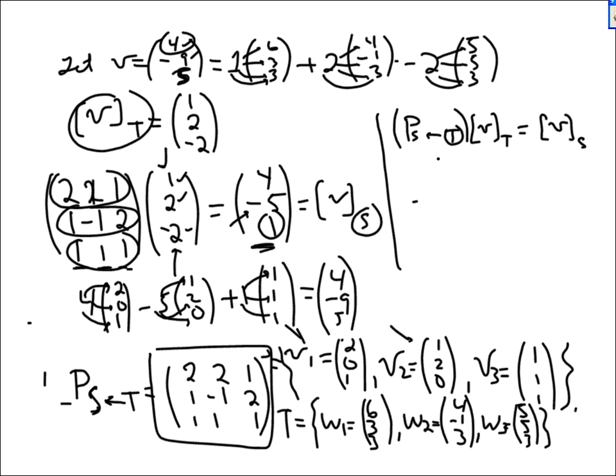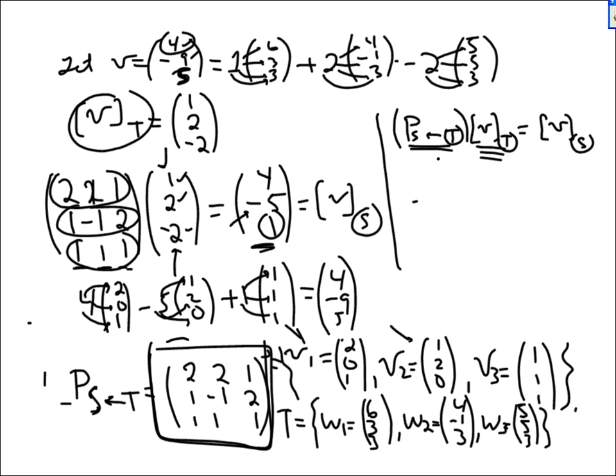And I found this matrix, it's at the bottom here. I multiply it by the coordinates for vector v with respect to basis t, and like magic, I get back the coordinates of v with respect to the other basis.